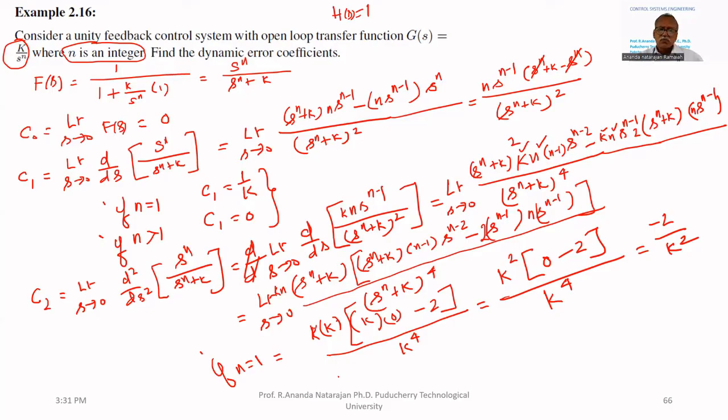If n equal to 2, what will you get? This becomes 0, that's why k, plus k. 2 minus 1 is 1, this becomes 1 minus 2 s power 2 minus 1, which is 0.